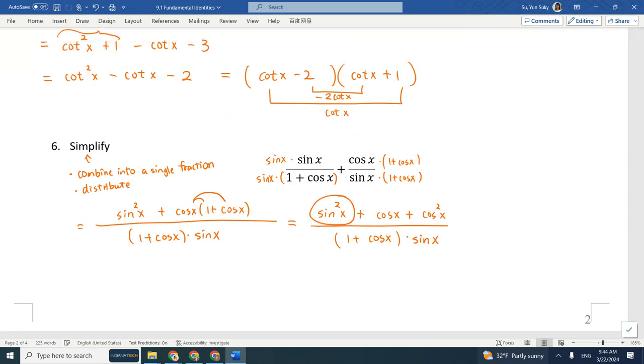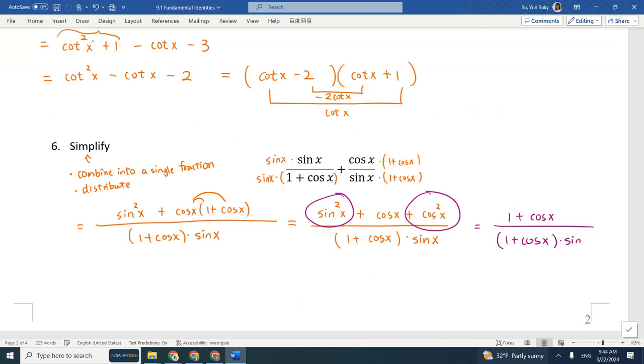We get sine plus cosine. See, sine squared plus cosine squared is 1. So therefore, the numerator is just 1 plus cosine x. Yes, everybody? Because sine squared plus cosine squared is 1. So we have 1 plus cosine x.